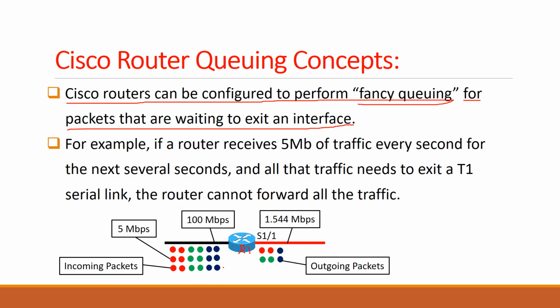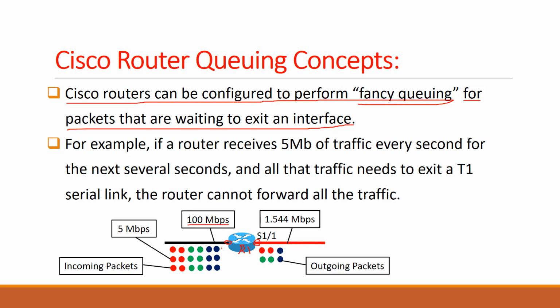This R1 has two interfaces. This interface is connected to the Ethernet LAN, and this serial interface is connected to the WAN. So the bandwidth of the Ethernet interface, the Fast Ethernet interface, is 100 megabits per second.